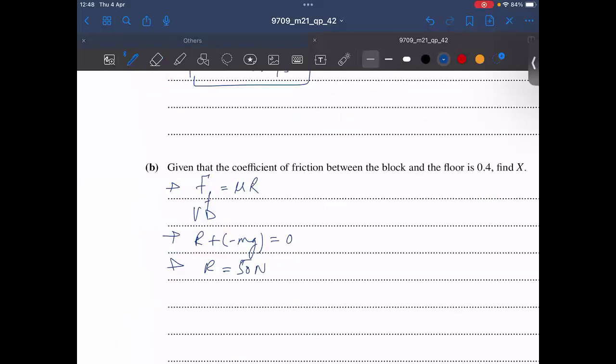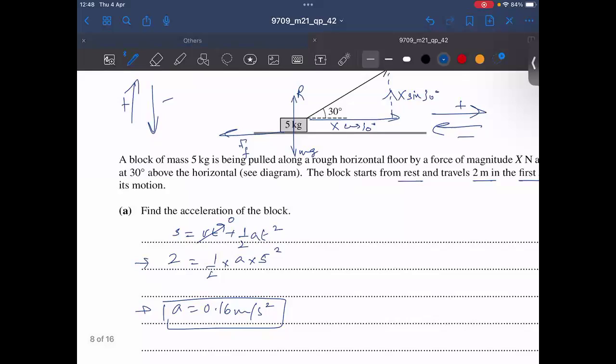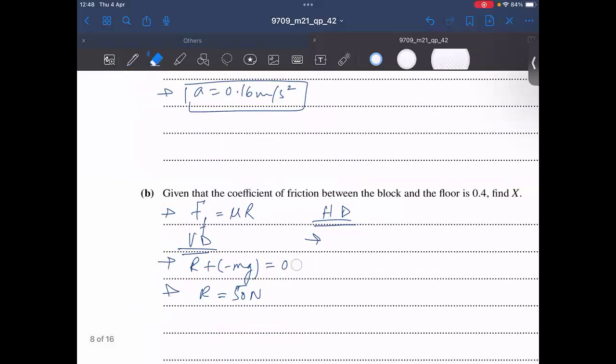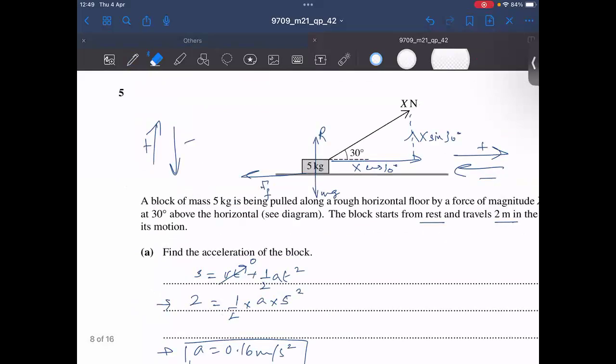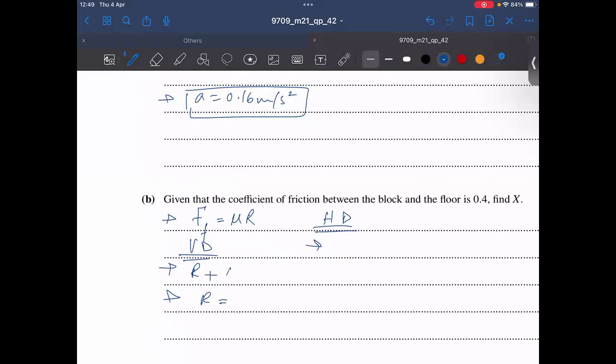Now in the horizontal direction, what forces do I have? I have X. No, that's what I did mistake. I have another force in the vertical direction, which is X sine of 30 degrees, and that's acting upwards.